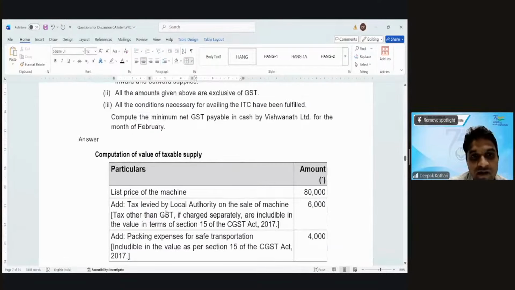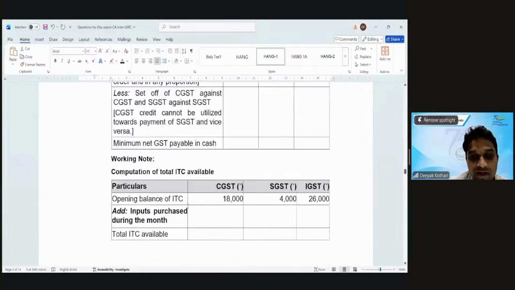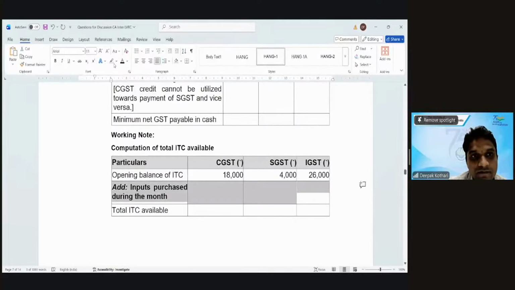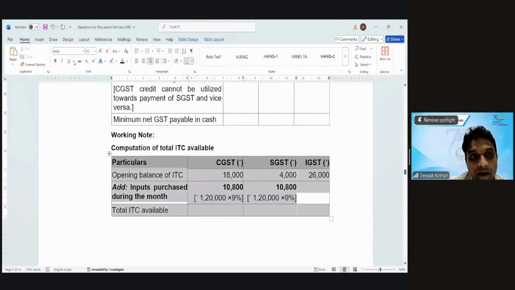They have given only one line, so you don't have to break too much of head. Purchased inputs of 1,20,000 exclusive of GST, which is intrastate. So 1,20,000 into 9% each. 10,800. So total ITC available will be opening plus current month ITC purchase.